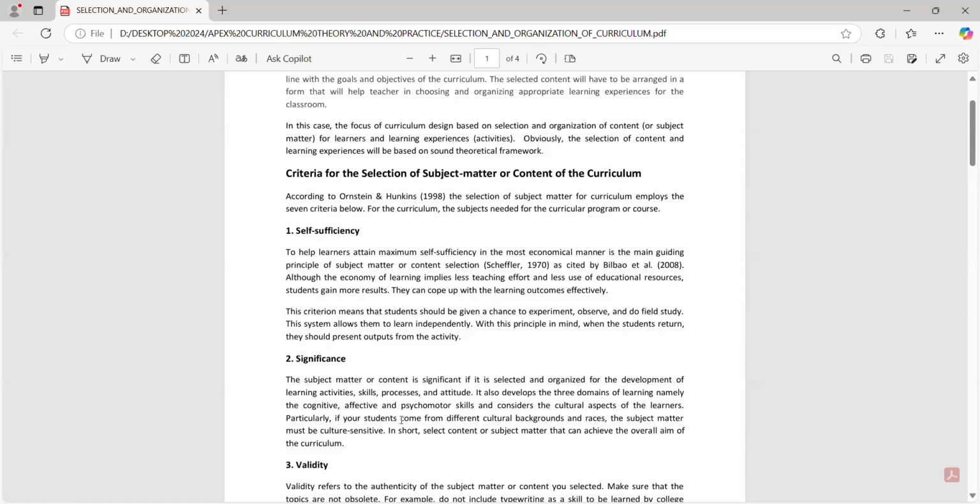So I will repeat it again. Self-sufficiency is selecting the subject matter to be taught for the realization of the ILO, which is very economical in teaching efforts, in the use of educational resources, and which promotes independent learning, allowing students to actually experiment, observe, and do field study.